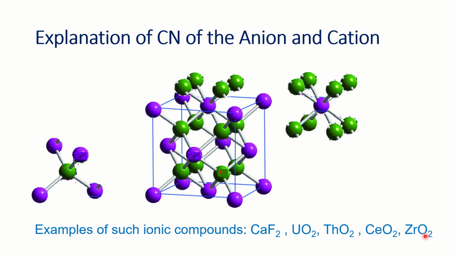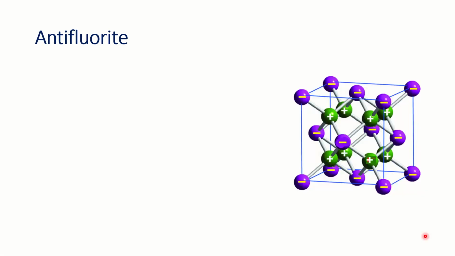Now there is yet another structure which is antifluorite. Antifluorite is just the reverse structure of fluorite. That means in place of the cations, there are anions. The blue balls become anions instead of calcium cations. And in place of the fluoride anions, they become cations.